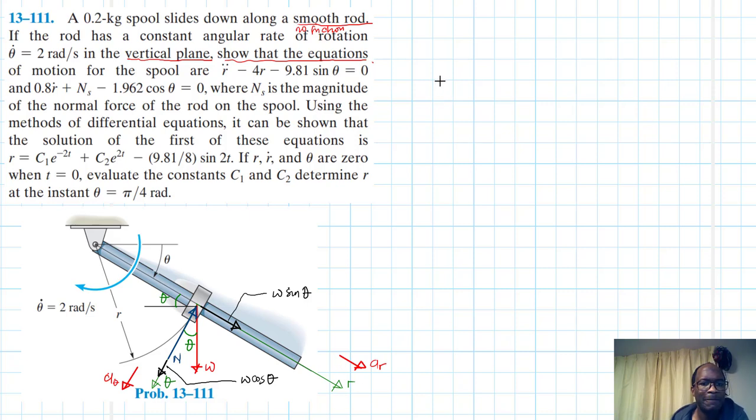So straight away we are going to apply the equations of motion. Summation of forces in the r direction is equal to m a_r. What do we have in that direction?